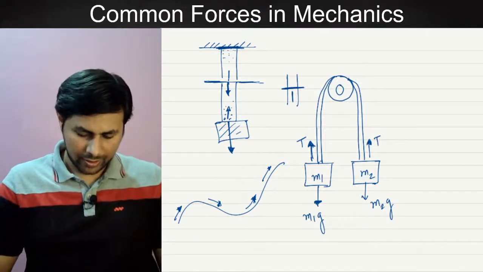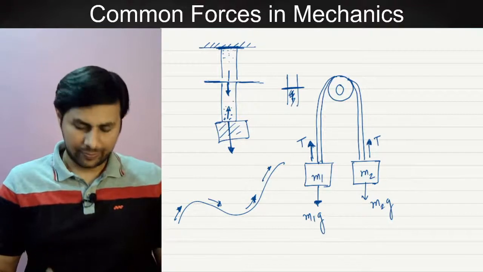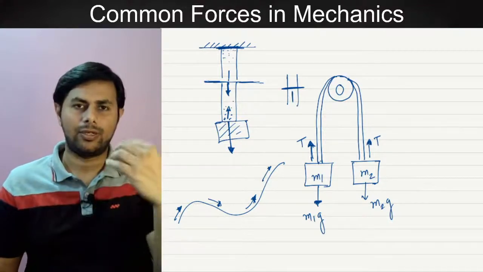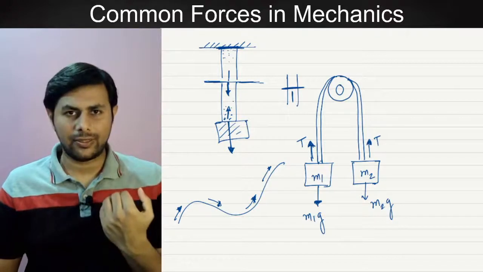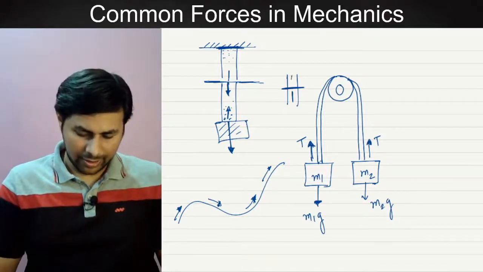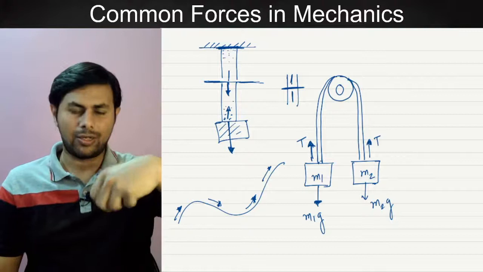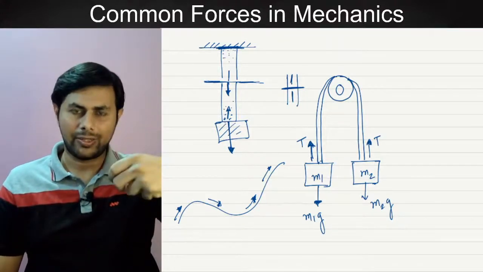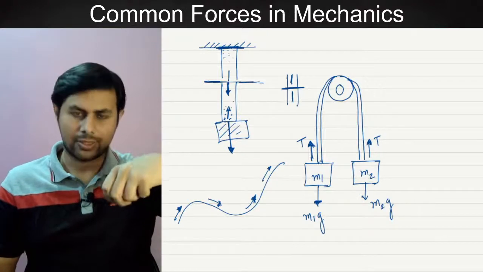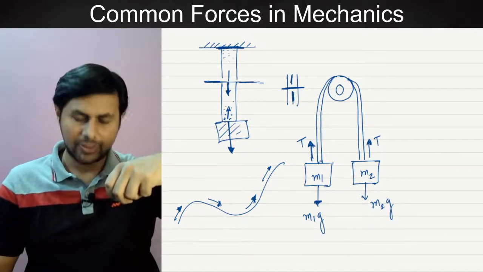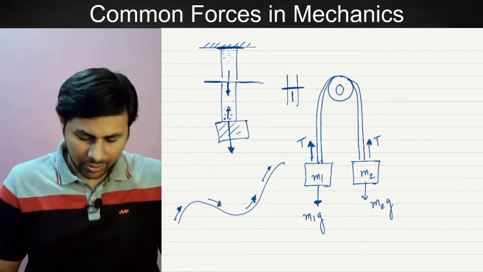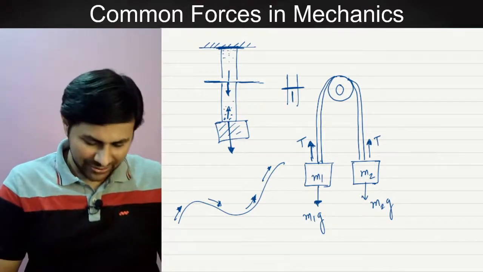So this part will pull the other part of the rope in the downwards direction. And this part is holding that weight, so it will pull this part in the upwards direction. So what will be the direction of tension now?